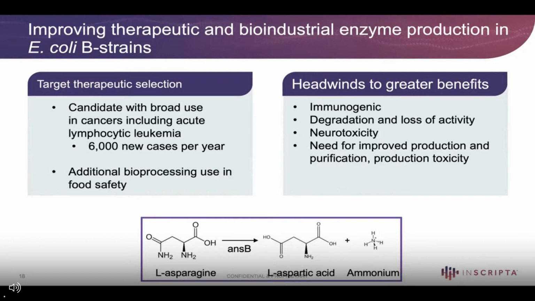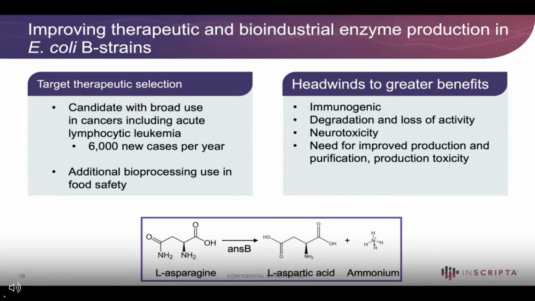The target therapeutic that we had begun looking at was a candidate with a broad use case in acute lymphocytic leukemia, or ALL, that also has an additional secondary use case in bioprocessing for the removal of acrylamide from food sources.